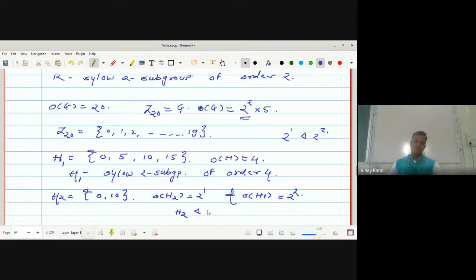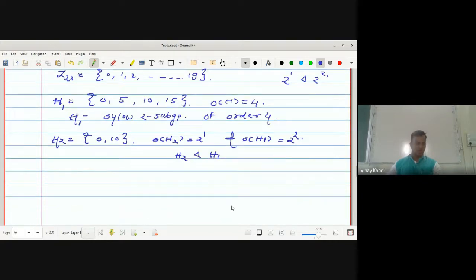Why is H2 normal in H1? Because of the index of H2 in H1. See what comes: order of H1 upon order of H2, if H2 is a subgroup of H1, is 4 upon 2, which is 2. Correct? Let me tell you how it is normal. If the order of H1 upon the order of H2 is equal to 2, that is the index of H2 in H1 is 2, then H2 is normal in H1.